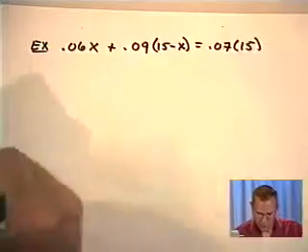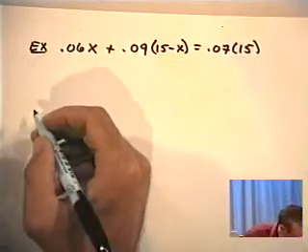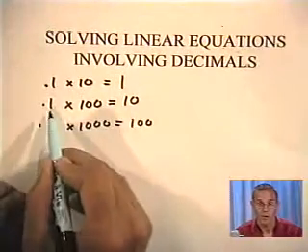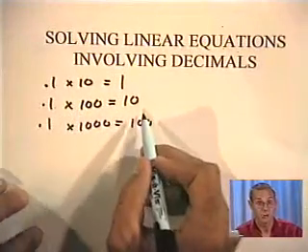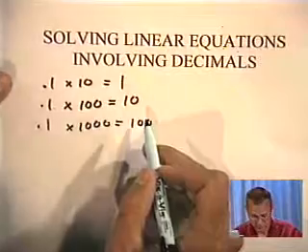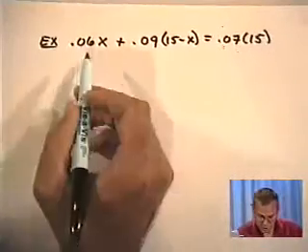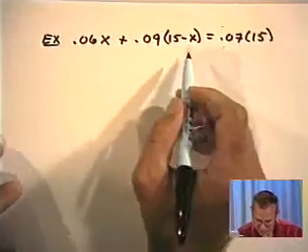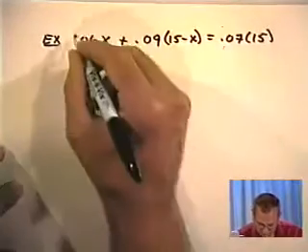Now remember, in our previous example, when I multiplied 0.1 by 100, it moved the decimal place 2 places over. So the way I move these over is to multiply each term by 100. So I'll go ahead and do that.